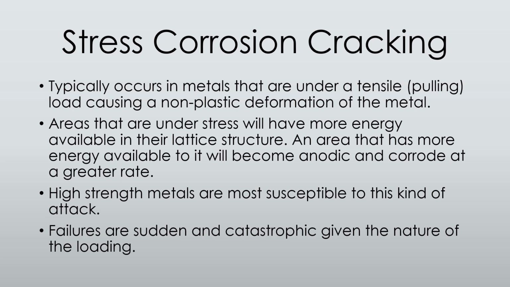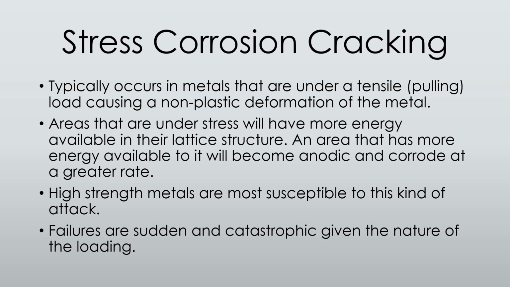Stress corrosion cracking typically occurs in metals that are under a tensile or pulling load, causing a non-plastic deformation of the metal. Areas that are under stress will have more energy available in their lattice structure. An area that has more energy available to it will become anodic and corrode at a greater rate.